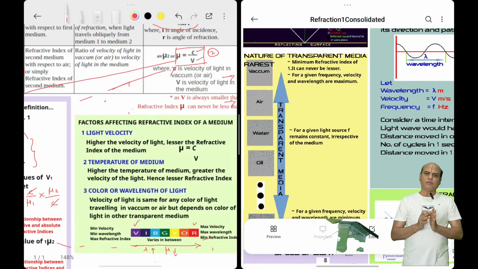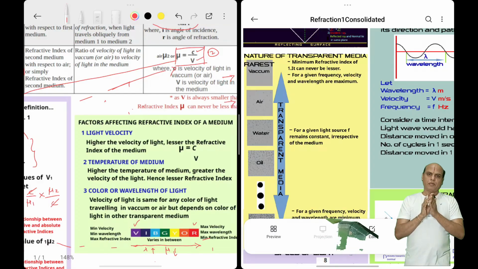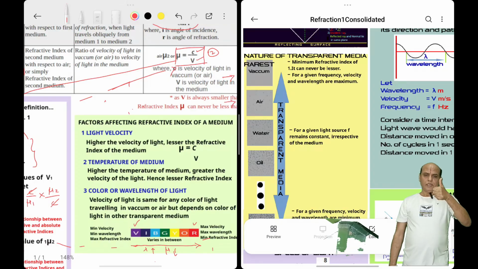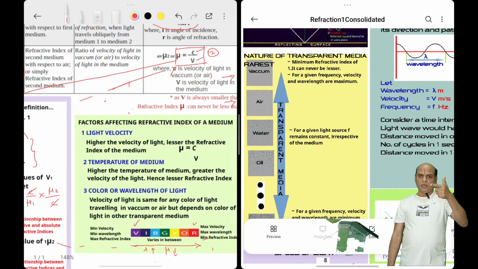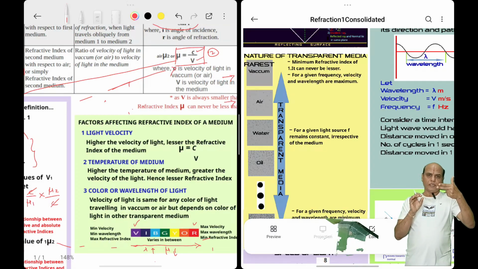So the three factors on which the refractive index of any medium depends: first, the velocity of light in that medium. The higher the velocity of light, the lower the refractive index. Second, the temperature of the medium. If you increase the temperature, the velocity of light increases, therefore refractive index decreases. Third, the color of the light.